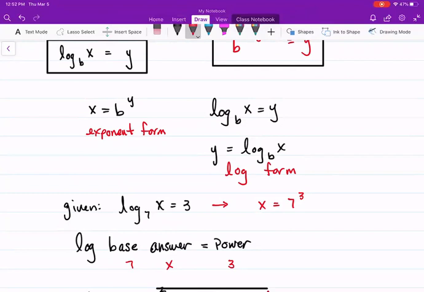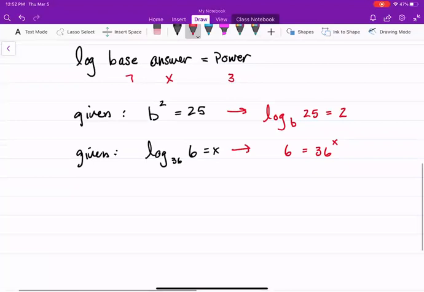The base is always the base. So when you see that the base is 36, you know that the base on the exponential has to be 36, period. Question is, what do I do with the x and the 6? Any questions?